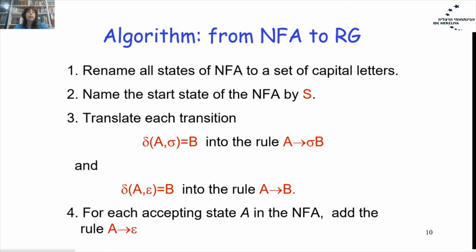Name the start state of the NFA by S. Each transition delta(A, sigma) = B will be translated to the rule A derives sigma B. And each transition delta(A, epsilon) = B will be translated into A derives B. For each accepting state A in the NFA, we will add an additional rule A derives an empty word, because that is the meaning of an accepting state.